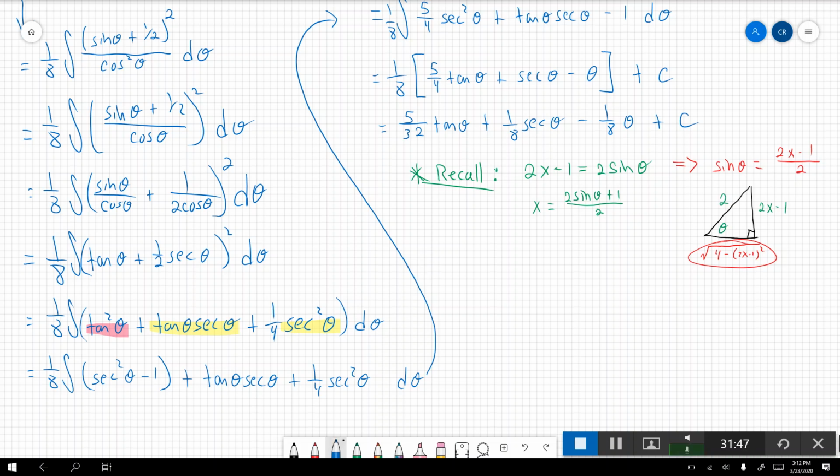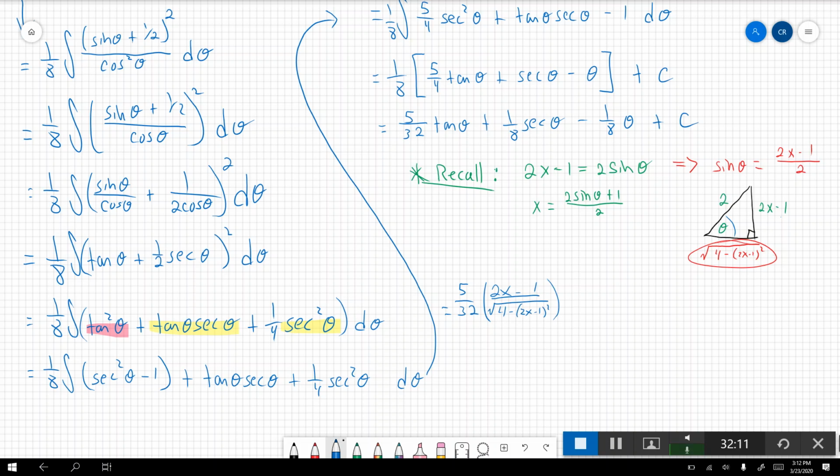So here we go, back to the answer, 5/32 tangent of theta. So let's look at this angle here. Tangent of theta. Tangent is opposite over adjacent. So this is now (2x minus 1) over the square root of 4 minus (2x minus 1) quantity squared.